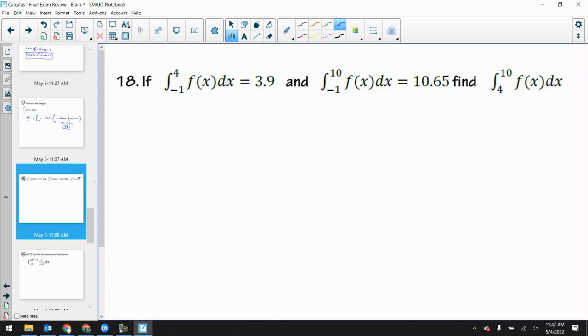Remember, for these, you can chain them together. Negative 1 to 10 is the sum of anything that breaks in the middle, like negative 1 to 10 is equivalent to negative 1 to 4 plus 4 to 10.